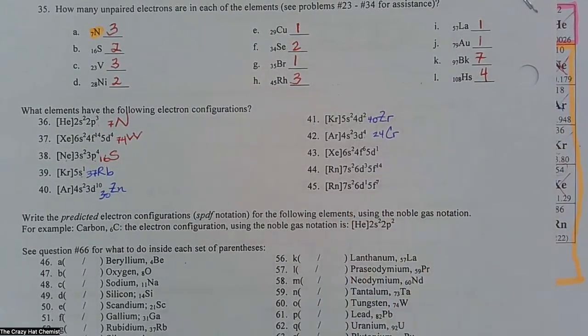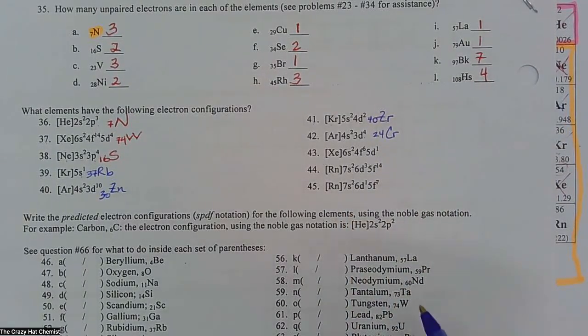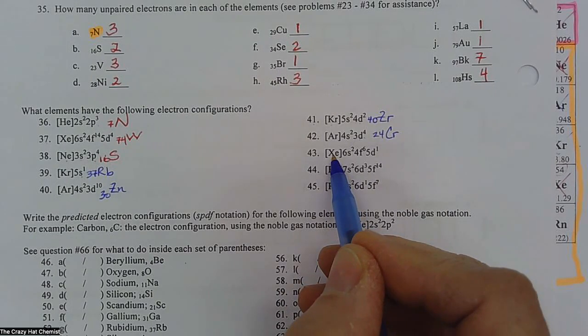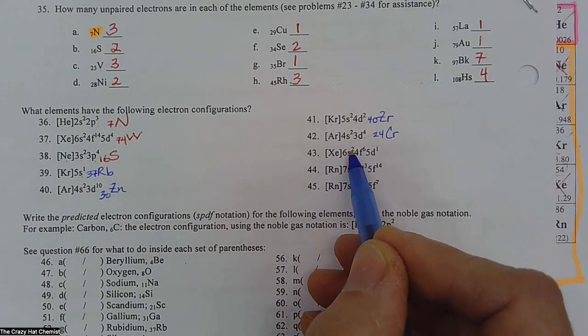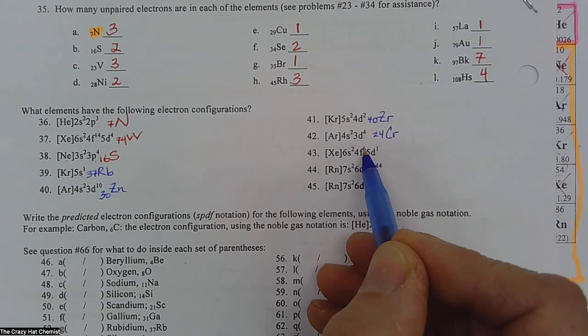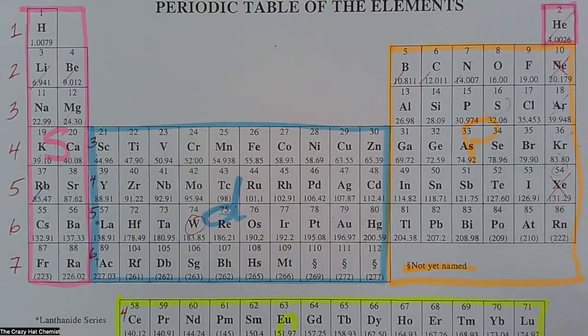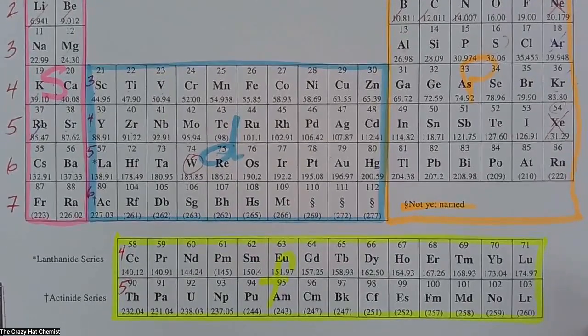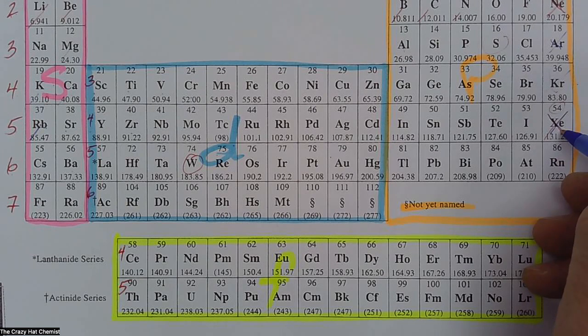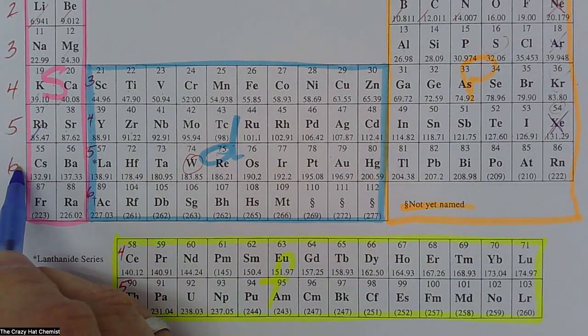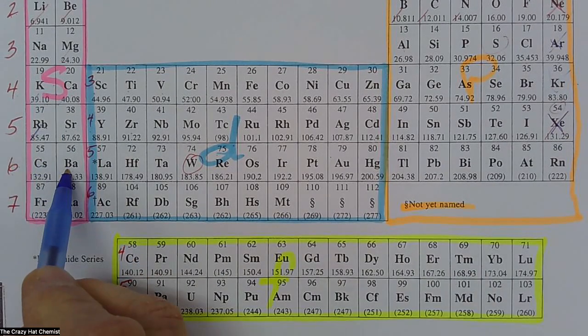All right, cool. Next one, number 43, is xenon, 6s2, 4f6, 5d1. So let's do this very carefully. We're going to move this on up there just a little bit. So it was xenon, 6s, 1, 2.